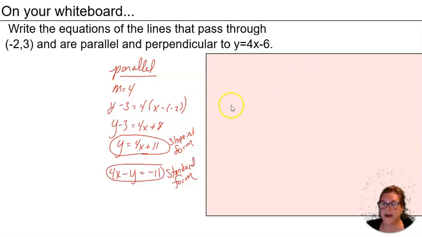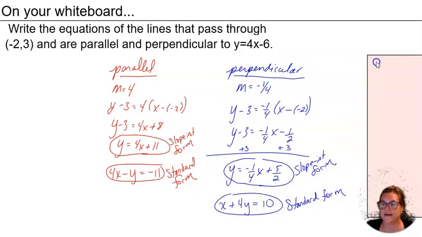Now let's take a look at the perpendicular lines. So perpendicular lines have opposite reciprocal slopes. The opposite reciprocal of 4 is -1/4. So again, we're going to use point slope form of a line, given this point -2, 3 as our x1, y1, and -1/4 as the slope.